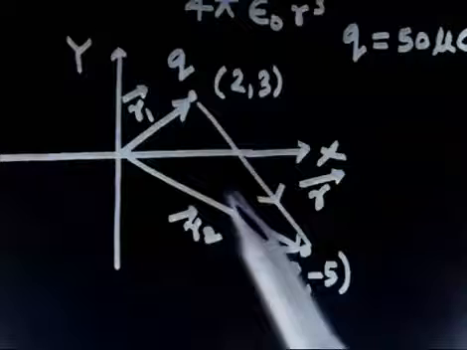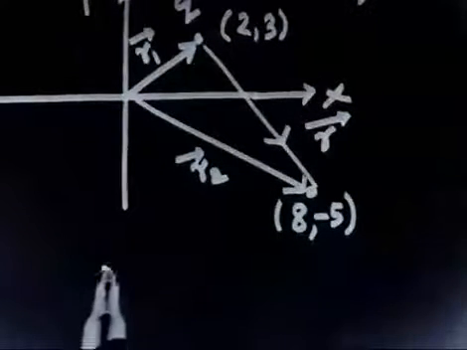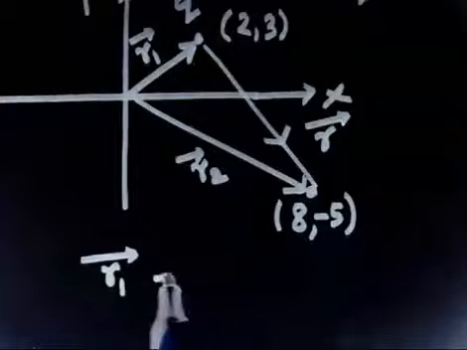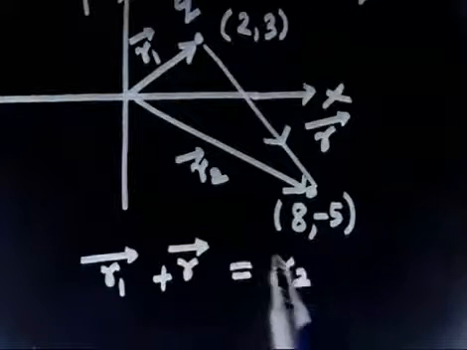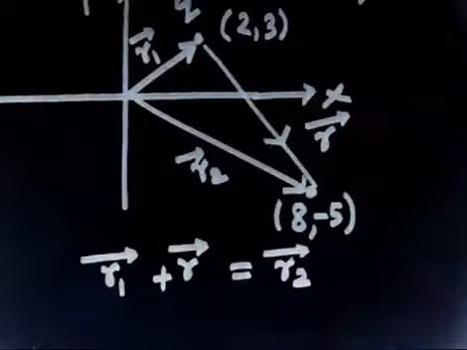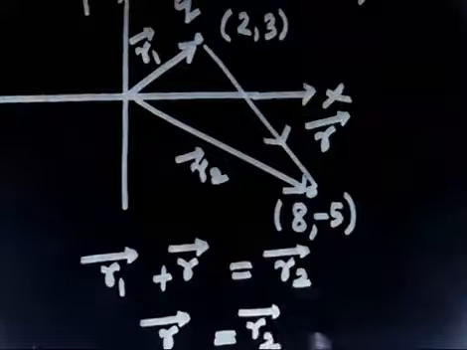So vector r1 plus vector r is equal to vector r2. This means vector r is nothing but vector r2 minus vector r1.